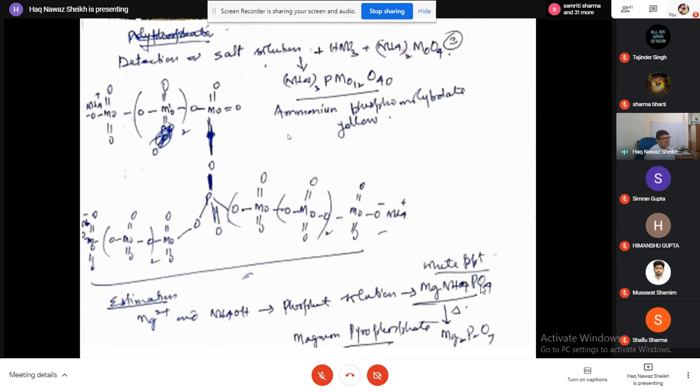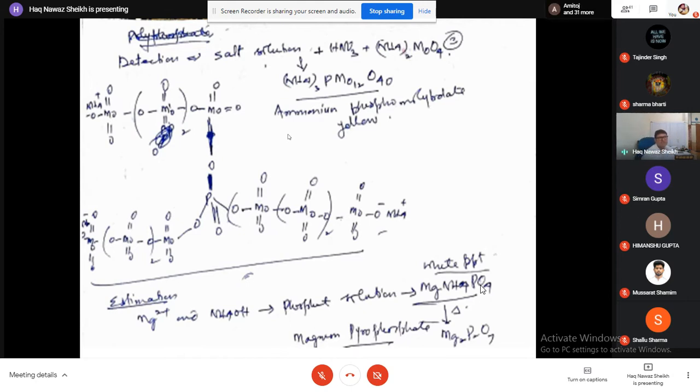And then estimation: you want to find out how much phosphate is there. There is a technique known as gravimetric analysis. In gravimetric analysis, you precipitate a given analyte whose concentration you want to find out. You precipitate it as an insoluble salt or insoluble complex, and then dry it, and if it is stable, weigh it as such.